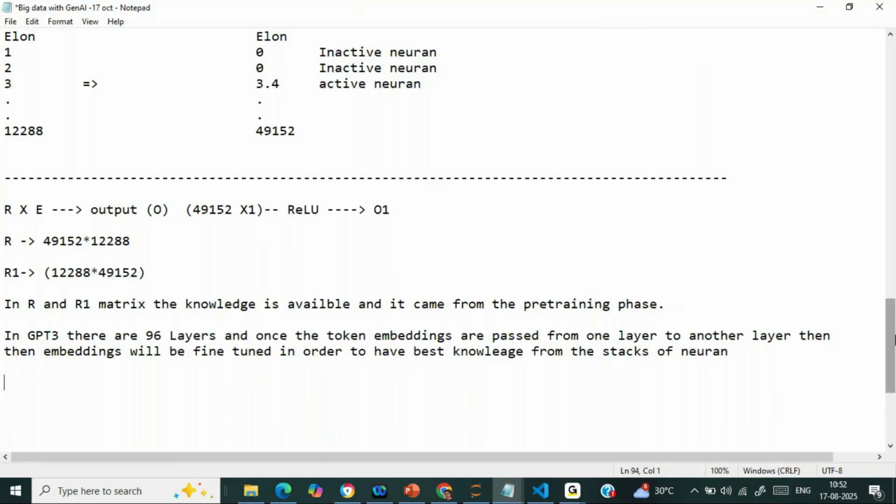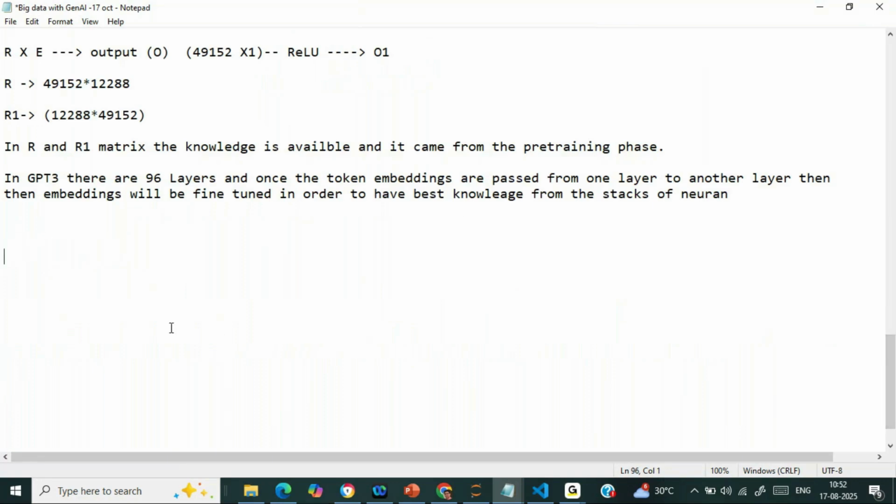You can take it in this particular way: we have R that is multiplied by E1, we got O, it will then be passed through the ReLU. And ReLU will be multiplied with, say, R1, and we get the output, say O2. Now this particular step will keep on happening.